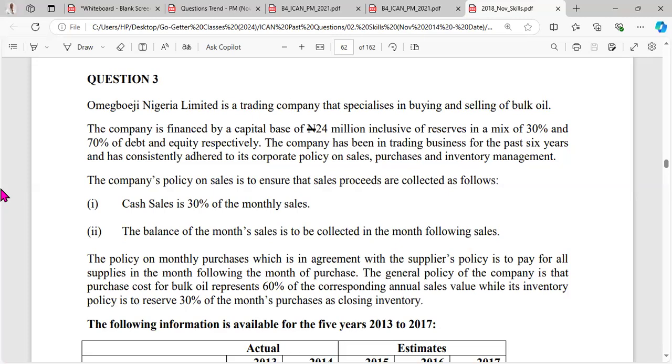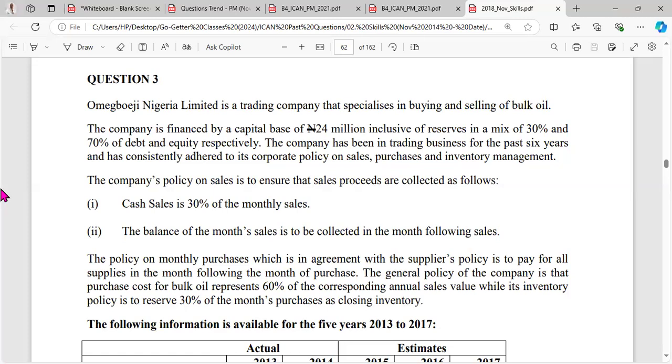The balance of month's sales is to be collected in the following month's sales. The policy on monthly purchase, which is in agreement with the supplier's policy, is to pay for all supplies in the month following the month of purchase. So it means if I purchase something in January, I will pay it in February.